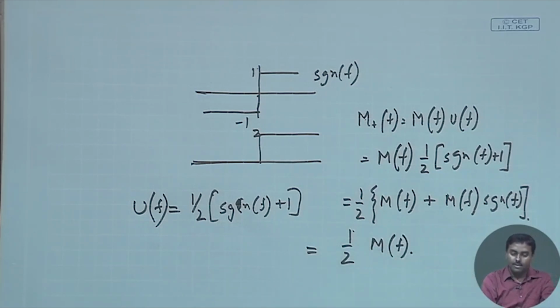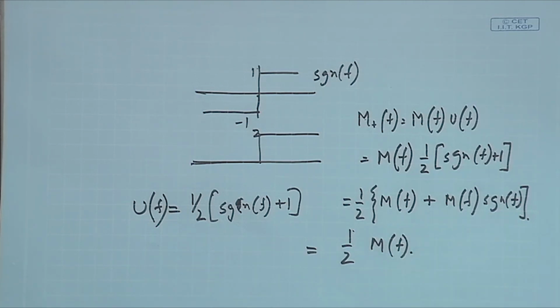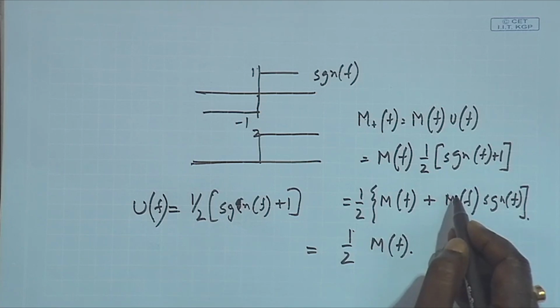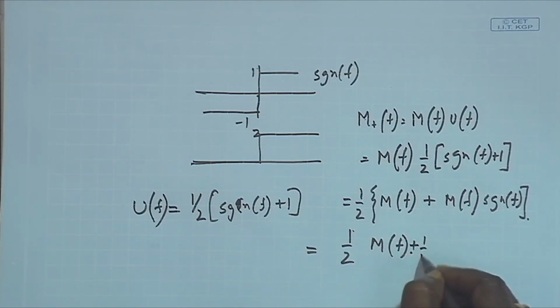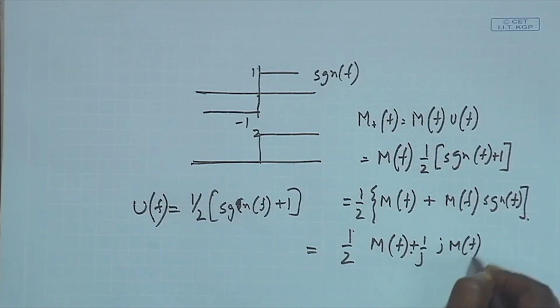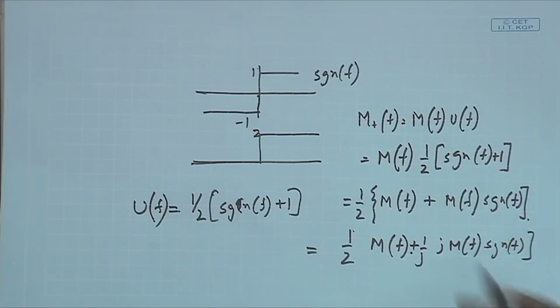This is MF, and what is this? So, if I just introduce a j over here, minus 1 by j means 1 by j should be taken over here. So, I can write 1 by j into j MF signum F, right. If I introduce a minus term over here, that should be minus 1 by j, multiply above and down by j, you will get minus j square, that is plus 1.